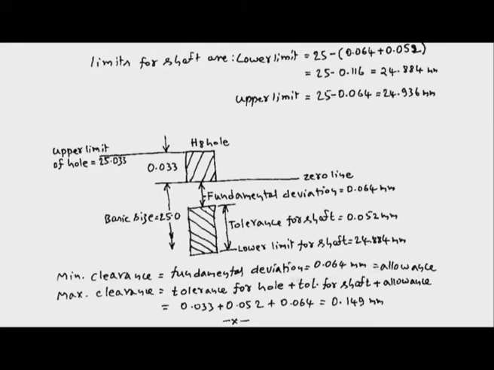So the minimum clearance is 0.064 millimeter, and then to get the maximum clearance we have to add the tolerance value for shaft, the fundamental deviation value and the tolerance value for the hole, then we get the maximum clearance of 0.149 millimeter.